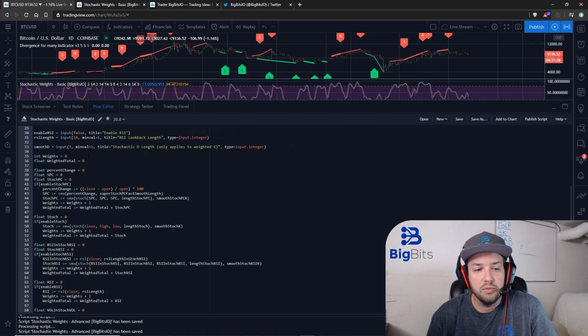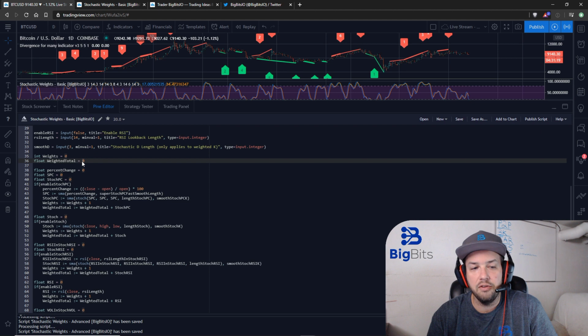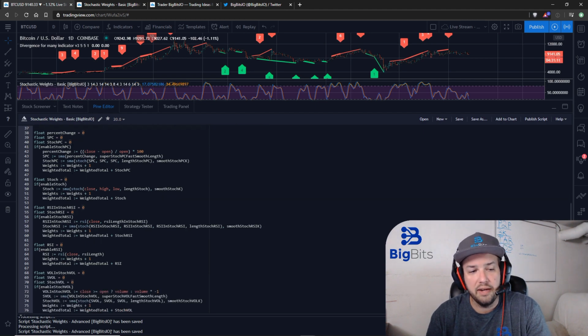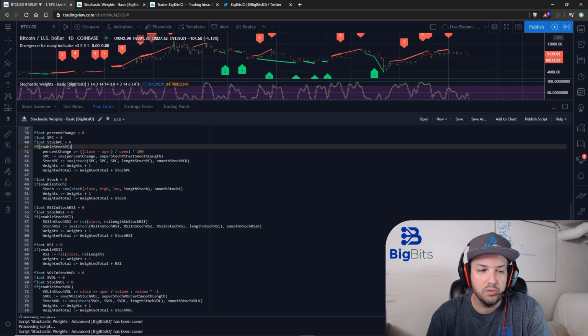But all we're doing here is we come up with our total weights and our weighted total of our stochastic. So this is the total of all of the stochastic values from 0 to 100, and this is just, in this case, the number of indicators we have enabled. And we're going through and we're calculating all of the indicators, but only if they're enabled, so that we don't waste our resources.